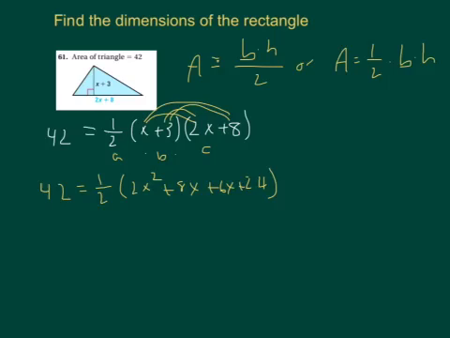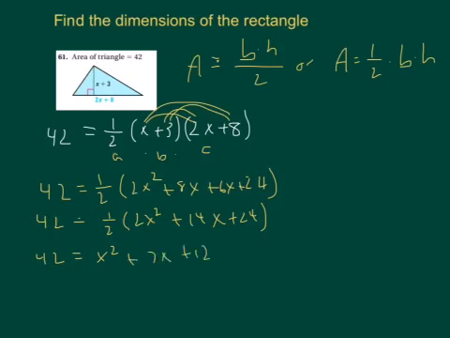Now what I'm going to do is combine like terms and then distribute through by my 1/2. So 42 is equal to 1/2 times 2x squared plus 14x plus 24. As I multiply through by 1/2, I'm going to get 42 is equal to x squared plus 7x plus 12.